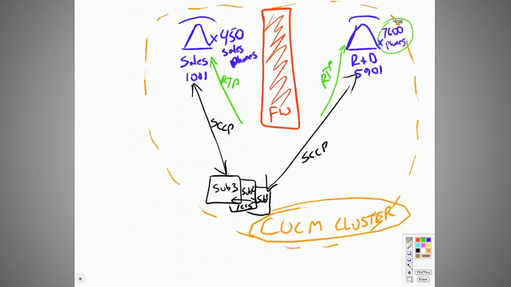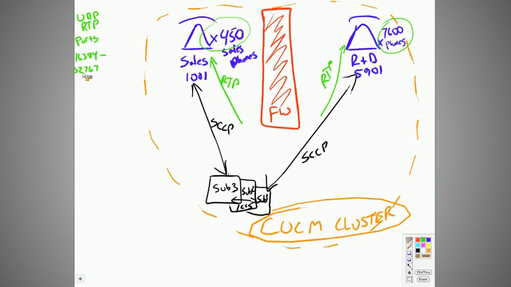Now, I could open up the IP address range in subnet for 7,600 phones over here and 4,500 phones over here, times the fact that for UDP RTP ports, I have 16,384 to 32,767.